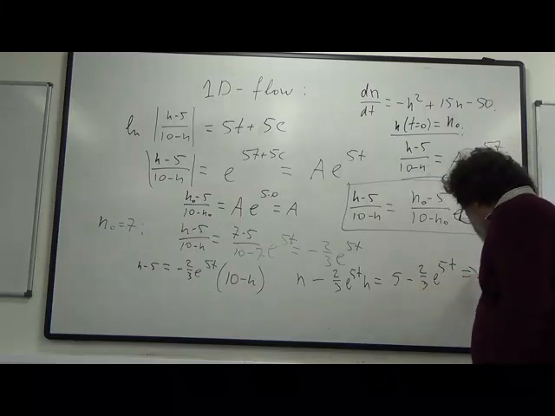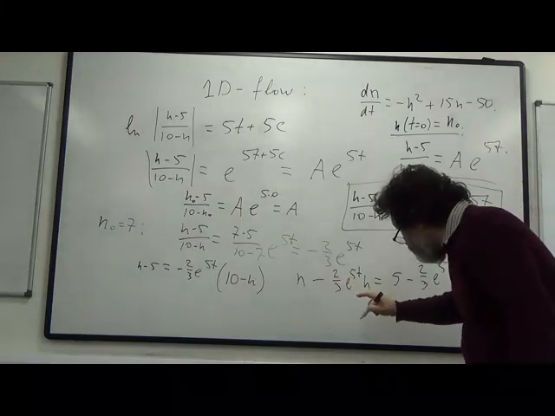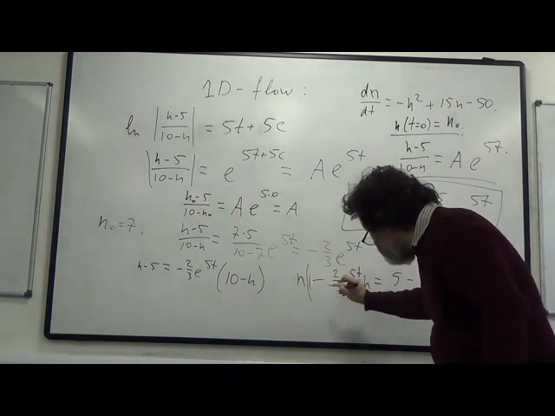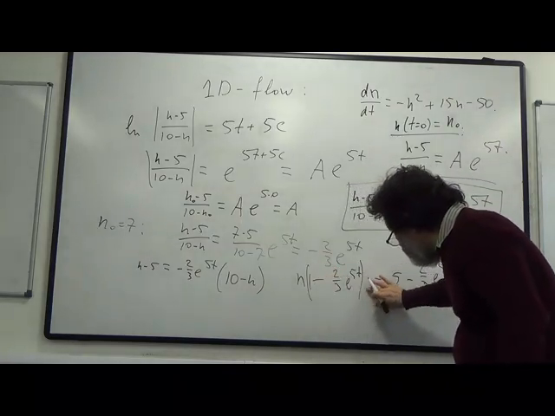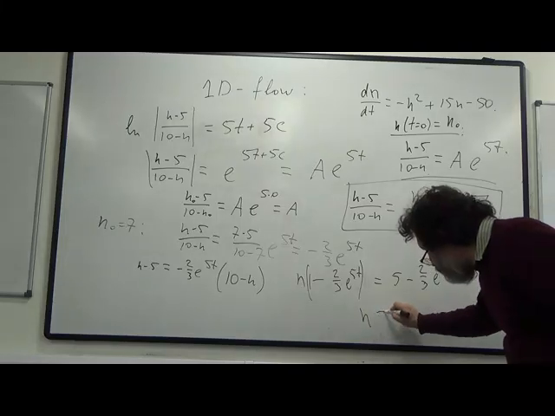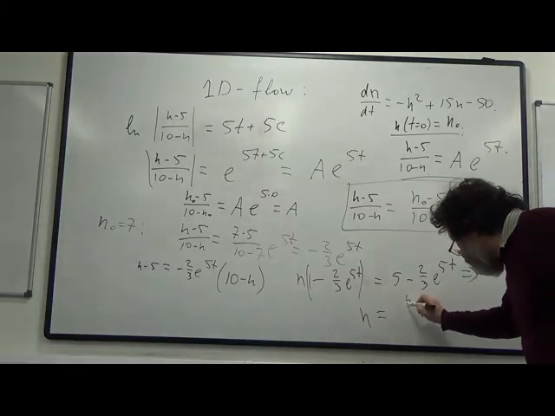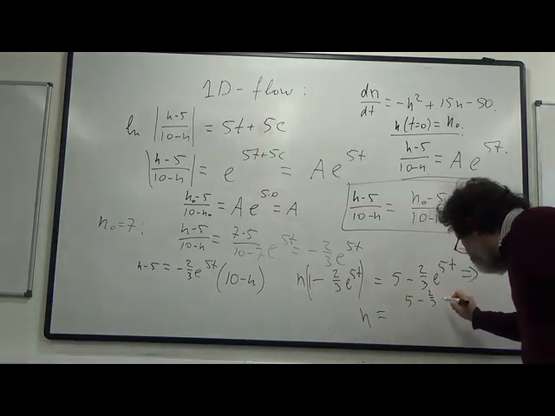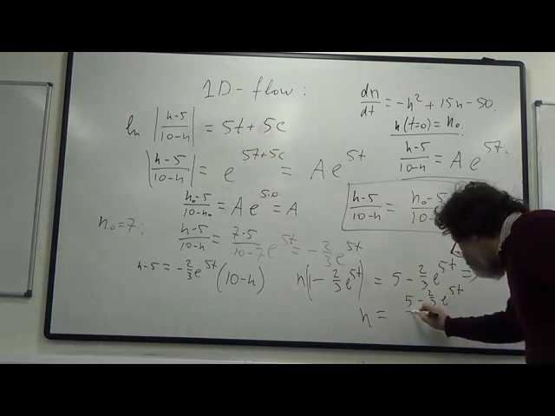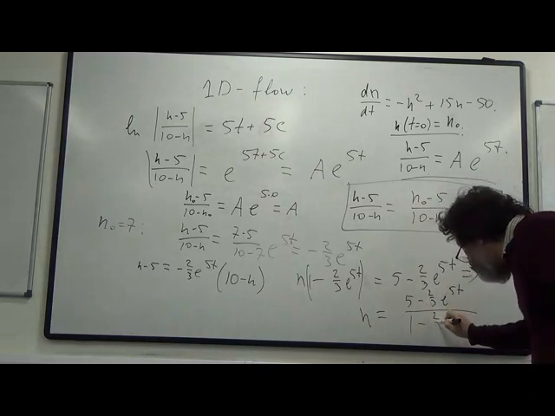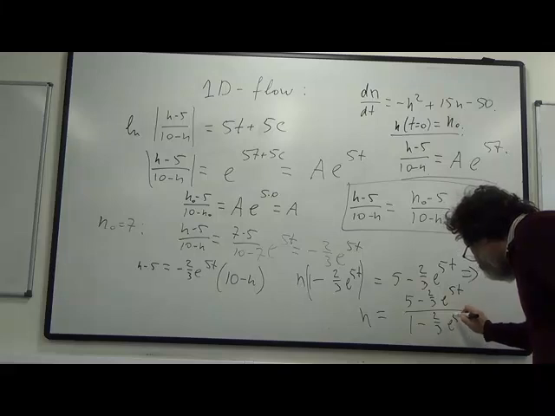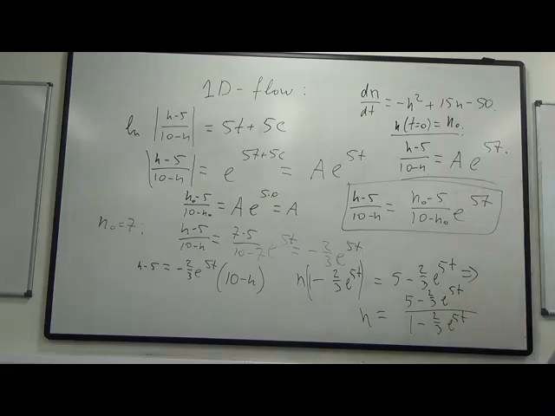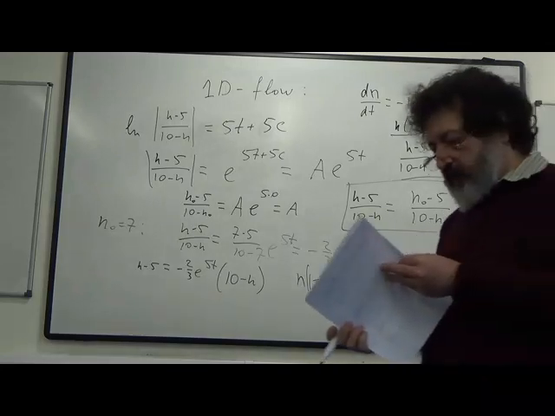And from here we can take n outside of brackets here. Let's put it like this. And therefore n will be equal to 5 minus 2 over 3 e to the power of 5t over 1 minus 2 over 3 e to the power of 5t. Hopefully I didn't make any mistake.